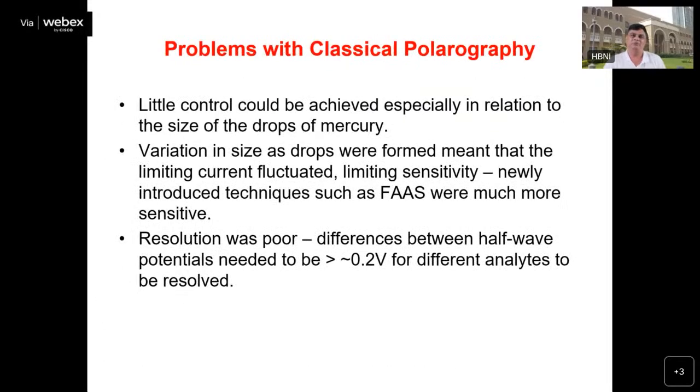So there are certain problems associated with classical polarography, which we term conventional or classical polarography. What are the constraints? Control could not be achieved, especially in relation to the size of the drop of mercury.